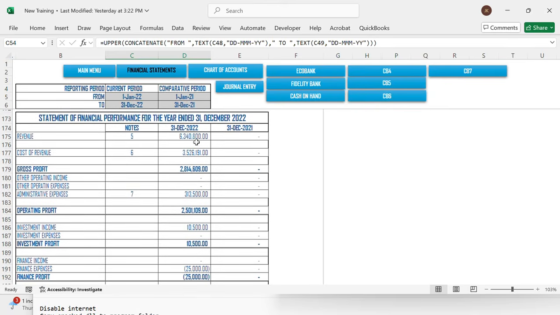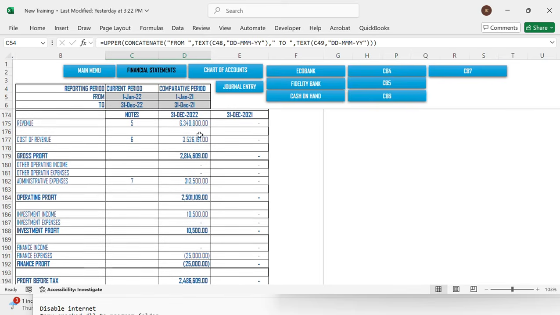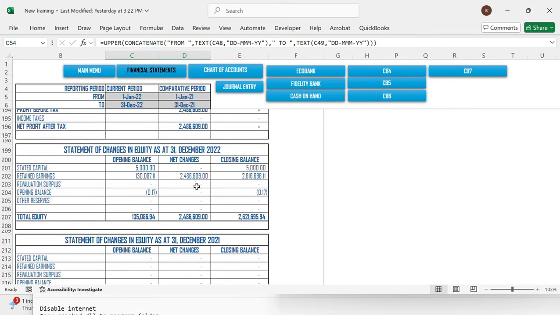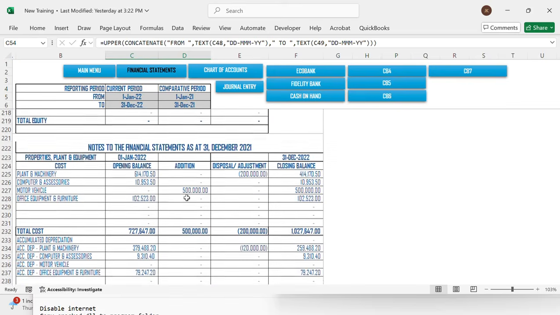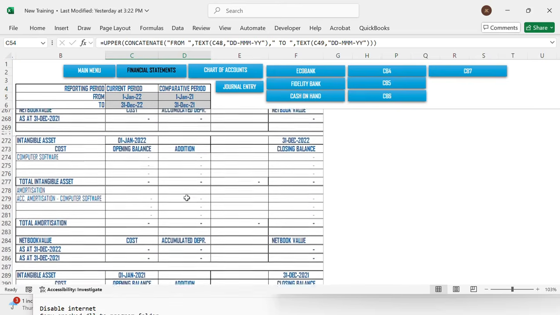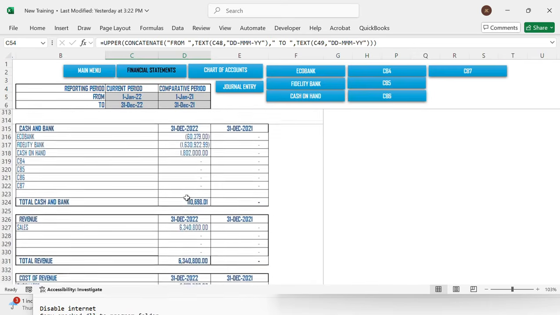Right, you see our revenue is this amount, cost of revenue is this, this is our profit. Wow, can't you see? It is beautiful. We did all of this without any coding.